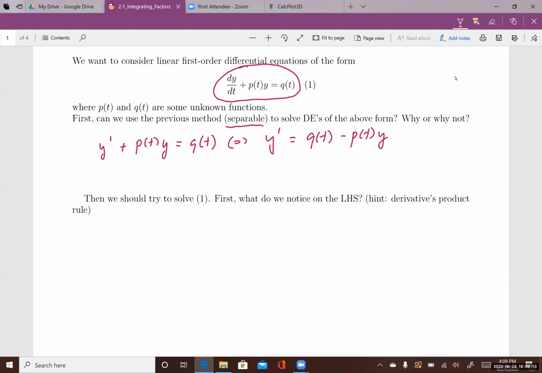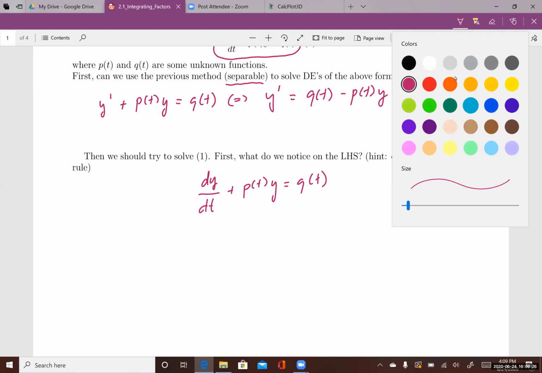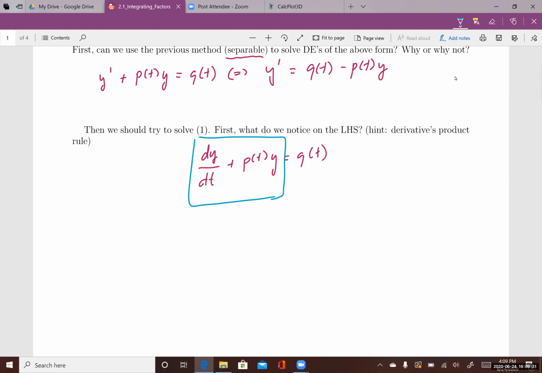Then we should actually try something else to solve this equation. Okay, so let's look at this equation again. It's dy over dt plus p of t times y equals q of t. And we look at the left side of this equation here. You have something similar to the product of the derivative. So you have y prime here, and you have a function, and you have y.